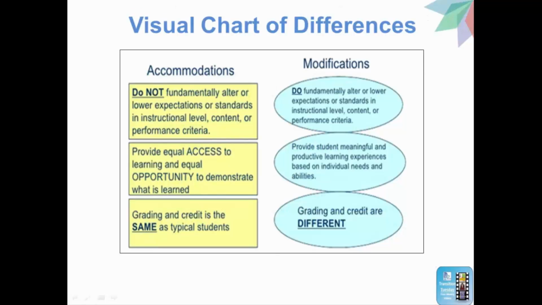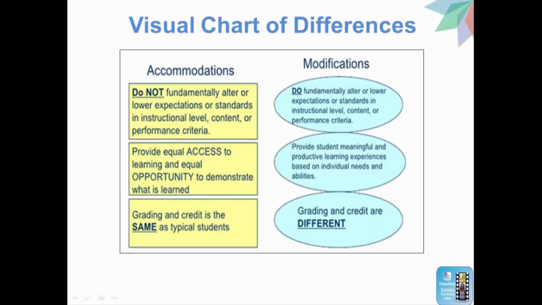Here is a visual chart of the differences between accommodations and modifications. Accommodations do not fundamentally alter or lower expectations or standards in instructional level, content, or performance area, where modifications do fundamentally alter or lower expectations or standards in instructional level, content, or performance criteria.